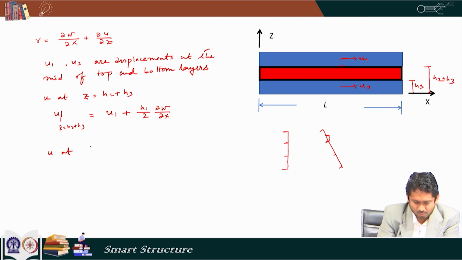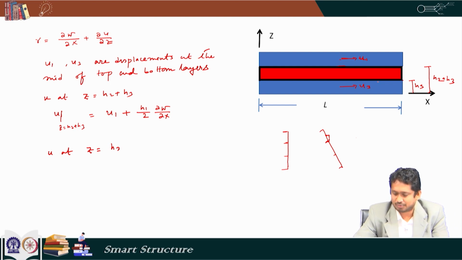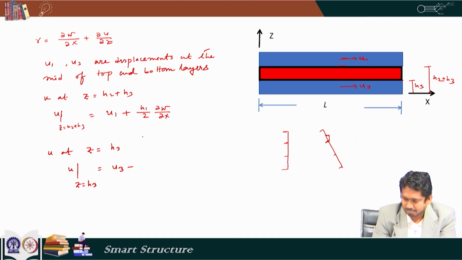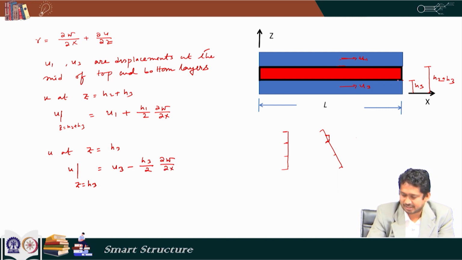Similarly, u at z equal to h3, that means here, if we want to find it based on u3, then u at z equal to h3 is equal to u3 minus h3 by 2 into del w by del x. So, we have found u at the junction between layer 2 and 3 and layer 1 and 2.